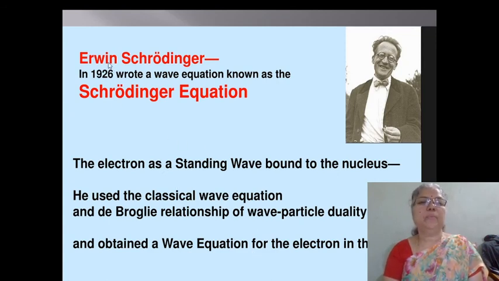Then Erwin Schrodinger in 1926 wrote a wave equation, known as the Schrodinger equation.